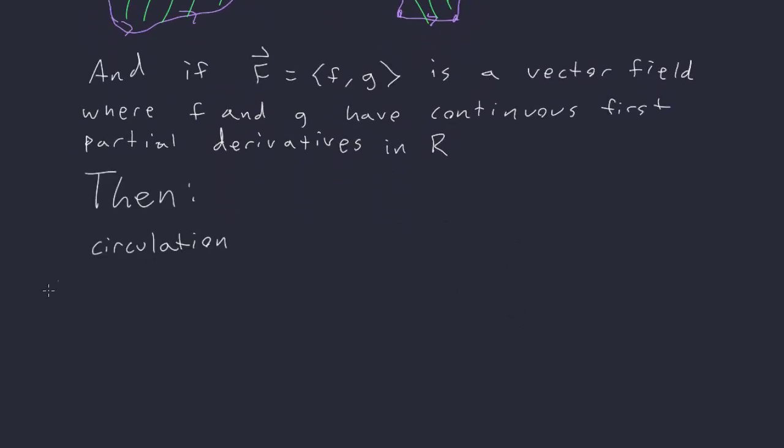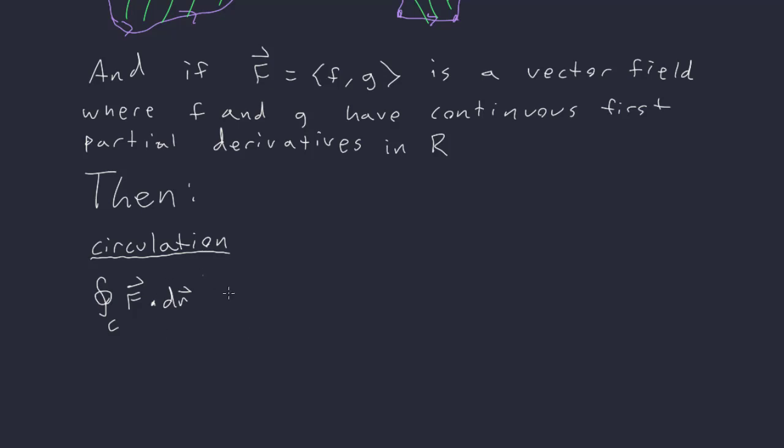Okay, so here's the circulation form. If all this is true, then the circulation, or the integral over C of F dot dr, and when Green's theorem is being invoked, it has its own integral sign with this little circle. I'll talk about in a minute what I mean by that, but basically this means that C satisfies all those things. It's piecewise smooth, it's oriented counterclockwise, and it's simple.